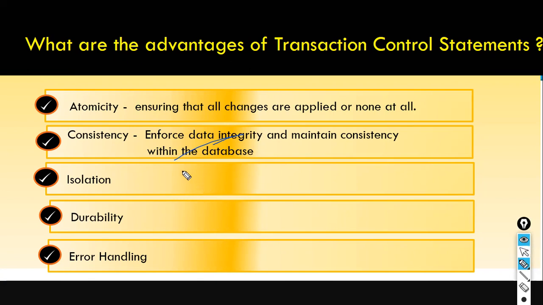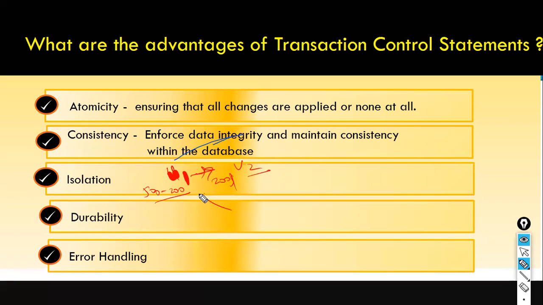In the case of isolation, user one transfers money to user two. In his account balance, he's transferring $200 to user two, and here 500 is the balance, and the 200 should get subtracted from his account.